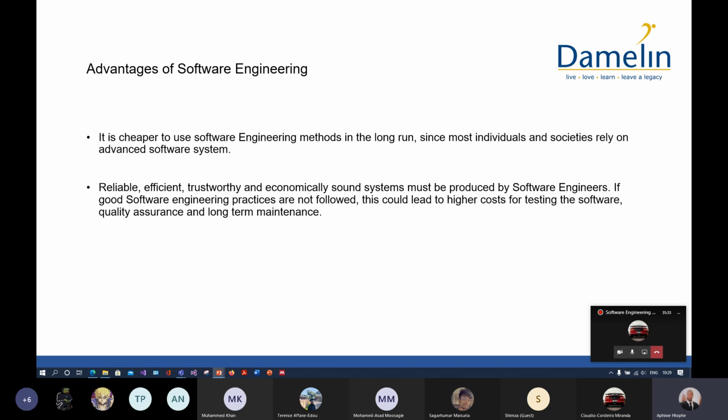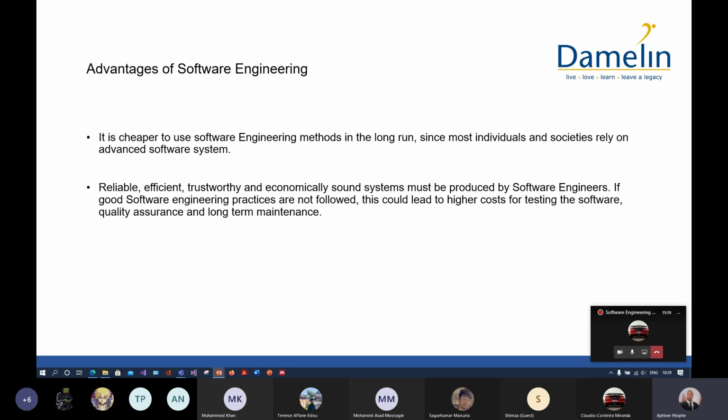Because what could happen is that you build software, but not according to software engineering principles. And then that will cause a problem for you in the future because it will just keep on breaking. And then all you're going to keep on doing is coughing out money for maintenance. So do it right the first time so that it doesn't become a liability in the long run.